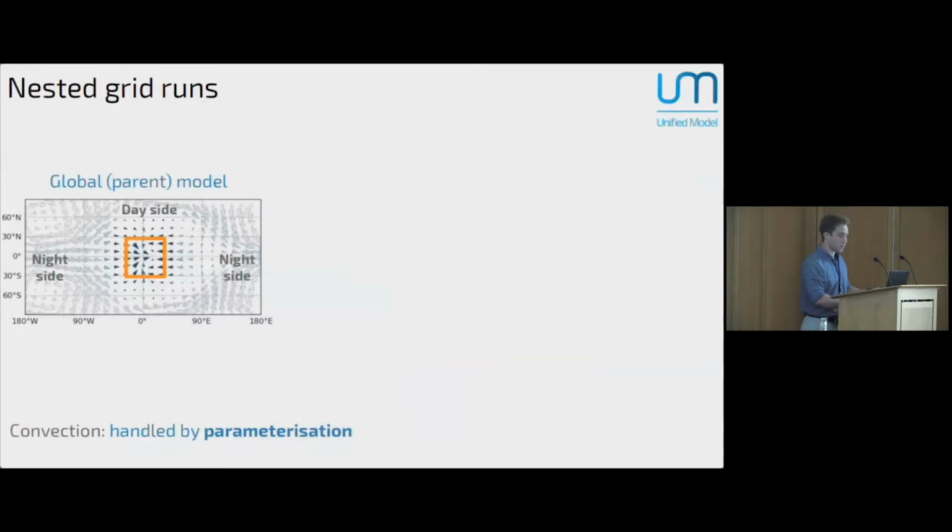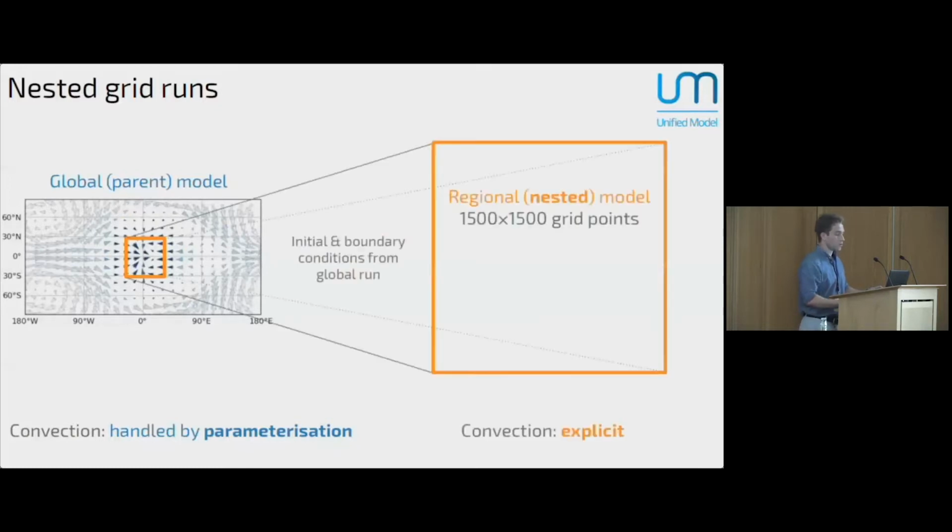We use a global model, just as I showed before, as a parent model to supply boundary conditions. But then we put a nested grid inside of that model and run it at a much higher resolution. So I'm using a convection-permitting resolution of about 4 kilometers. And in this case, of course, we have convection explicit, so the convection parameterization is switched off.